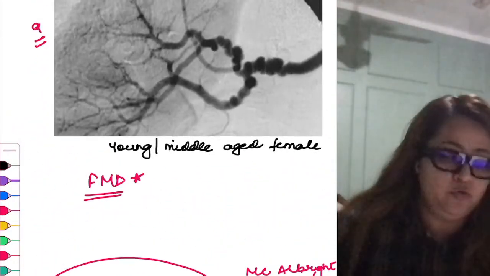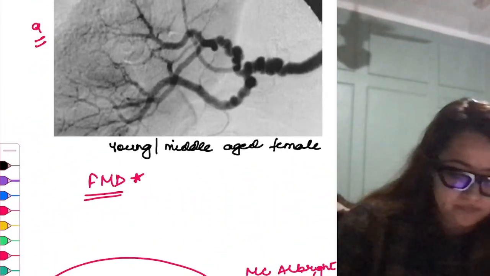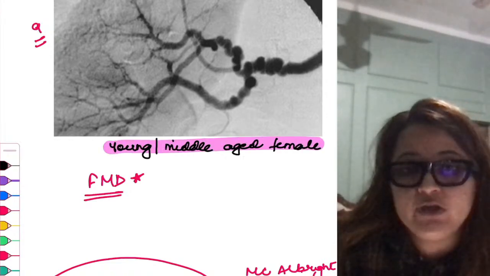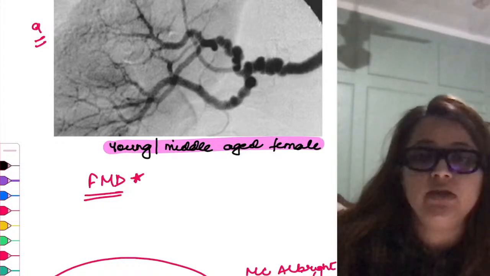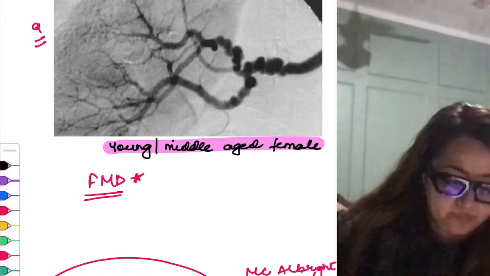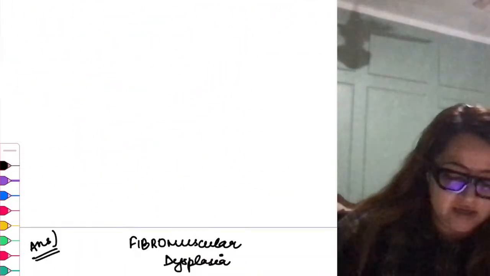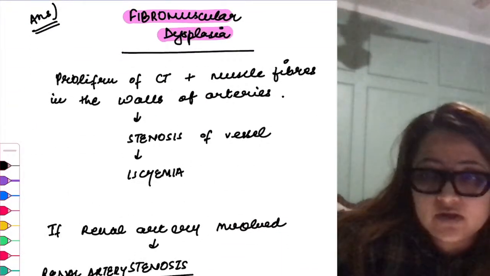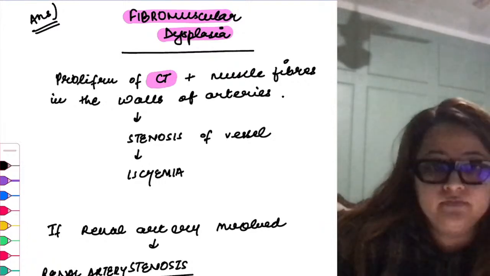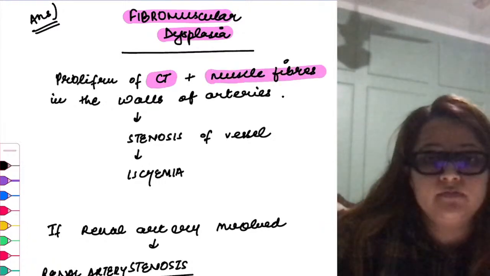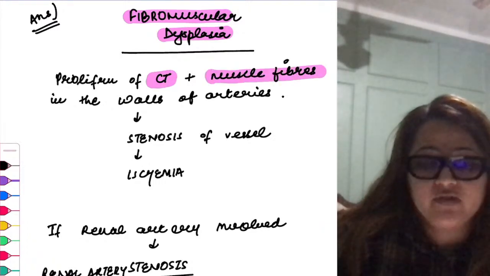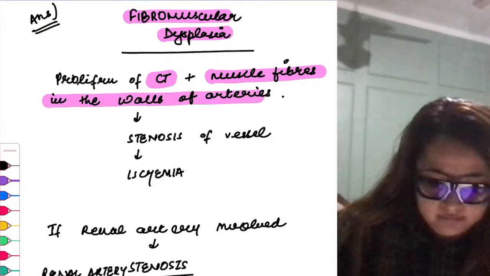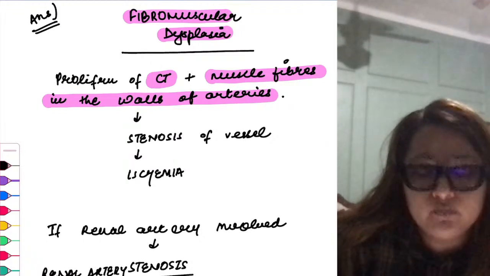But in case of the fibromuscular dysplasia, most likely you would be given a young or middle-aged female. So look at the important points regarding fibromuscular dysplasia. Fibromuscular dysplasia means that there is proliferation of the connective tissue as well as the muscle fibers in the walls of the arteries.